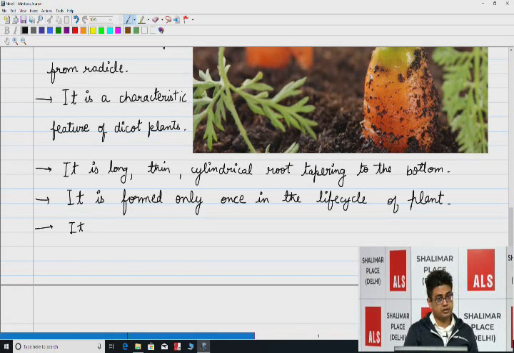Do you remember? Redwood trees, very large giant trees, they also have taproot. So it helps the plant by firmly anchoring it in soil. Okay, that you know.